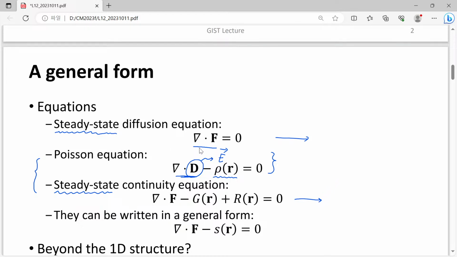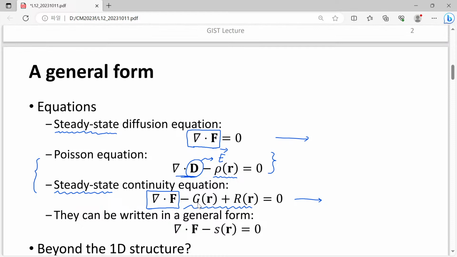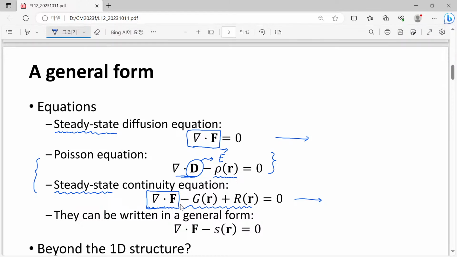We have the divergence of a certain flux term balanced by another one. Here we have the so-called generation term G and recombination term R, so they are balanced with the divergence of flux.